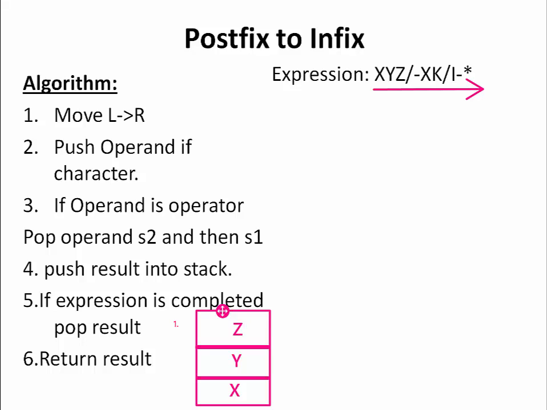Whenever an operator is encountered, you need to identify the values of S1 and S2. Here it is S1 and here it is S2. We need to pop out S2 first and then S1 next.